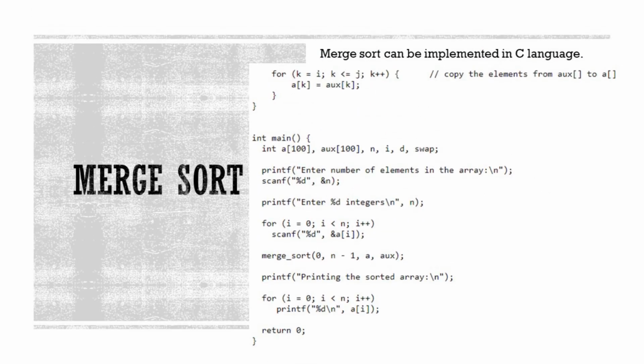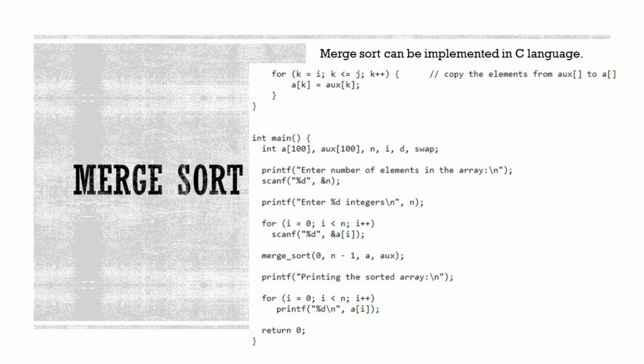And then we have the for loop, which copies the elements from the aux array to the A array, which is A[k] equals aux[k].